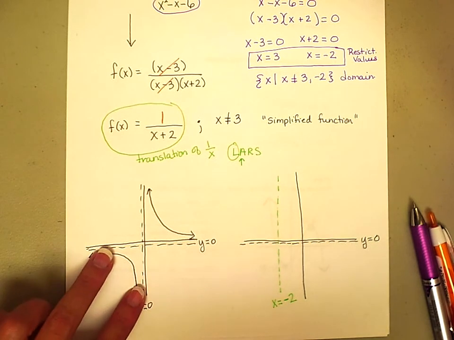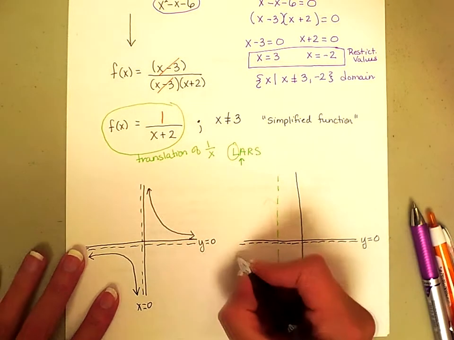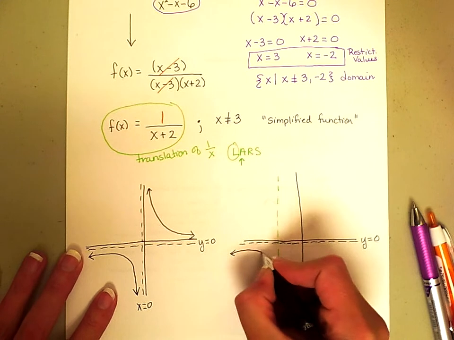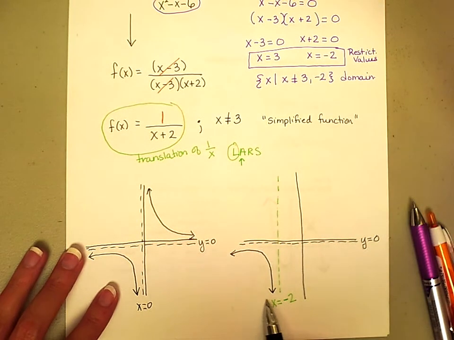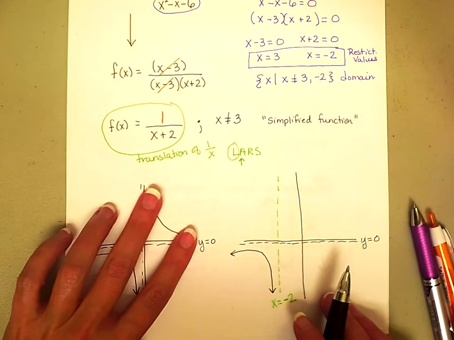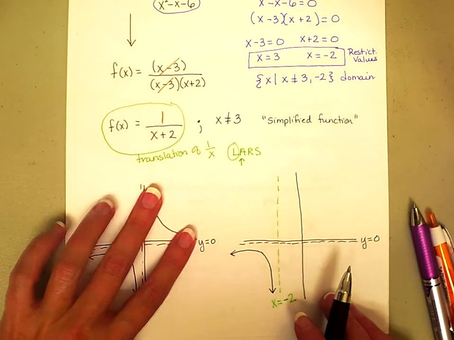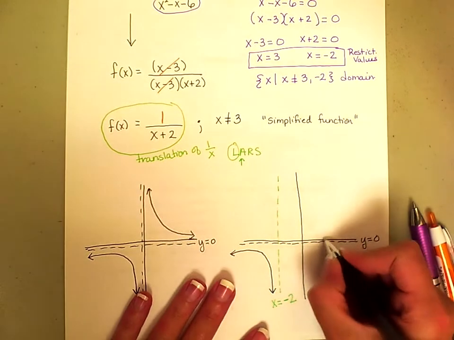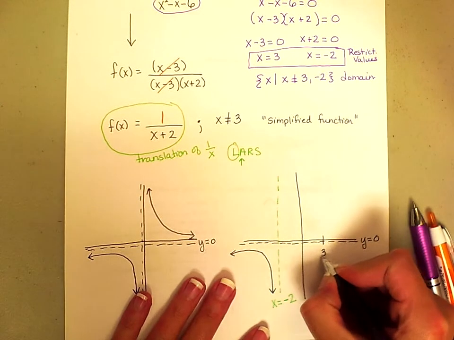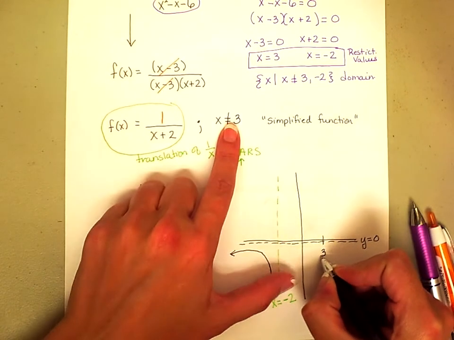And then every point over here also shifts over 2 units. So we can just sketch the graph in like so. Now it's bounded by this asymptote, negative 2, instead of by x equals 0. And every point over here will also move over 2. Except we'll have this problem when x equals 3.